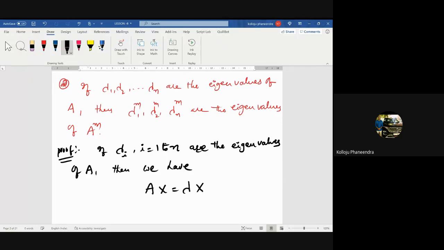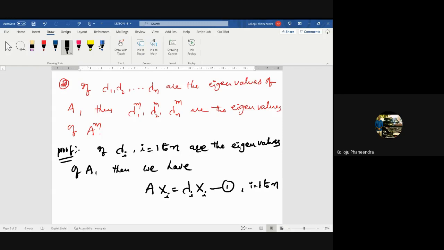Now, one by one eigenvalue, so this is lambda i. For lambda 1, the eigenvector is x1; for lambda 2, the eigenvector is x2. Therefore, this will be A xi equal to lambda i xi, for i equal to 1 to n. That is the change. That's it.